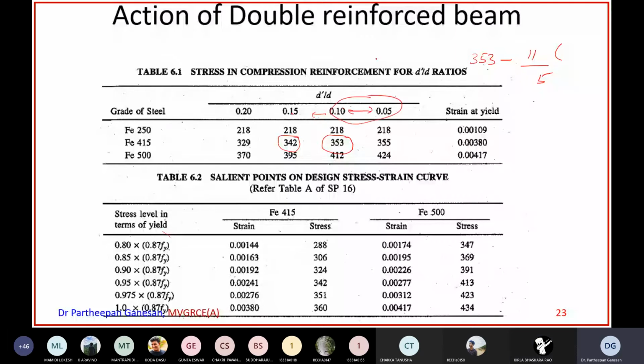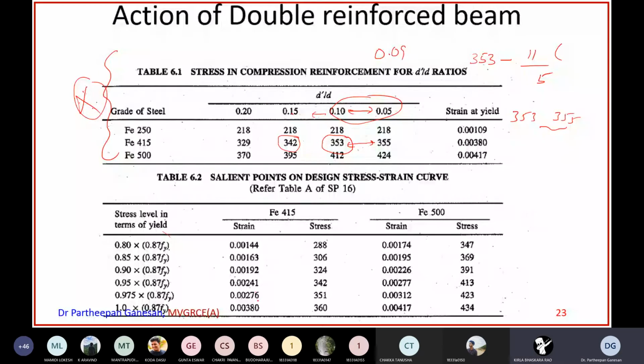You have 0.09 something, so it will be anywhere between these two values, 353 and 355. It can be anywhere between these two values only, right? But your SP16 very clearly says this table cannot be used for analysis purposes. You can use it only for design purposes. Is that clear?